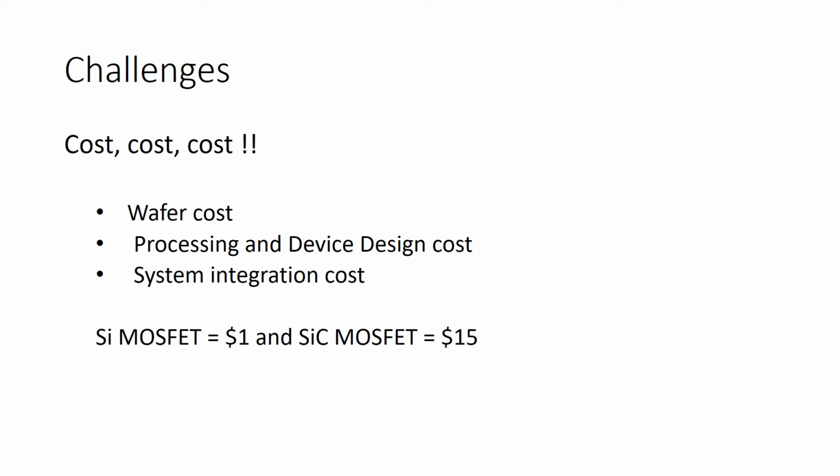Which one of these will you prefer? Obviously, the silicon MOSFET. So you can imagine how much you have to spend to buy a chip consisting of thousands of transistors. This is all due to wafer cost, processing and device design cost, and system integration cost.